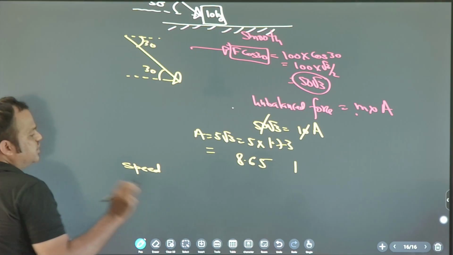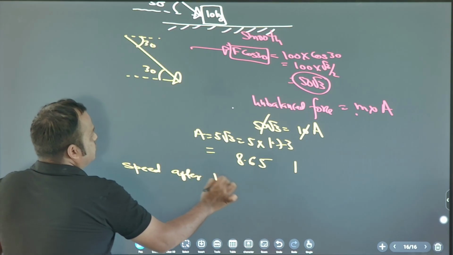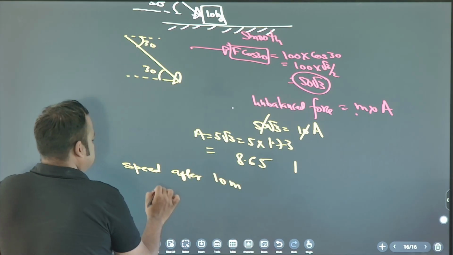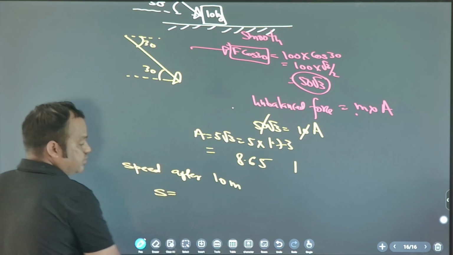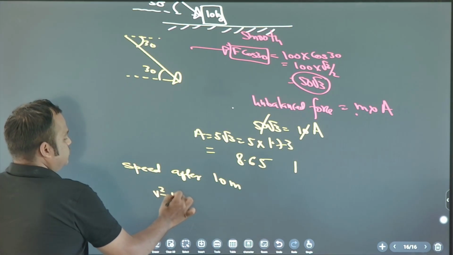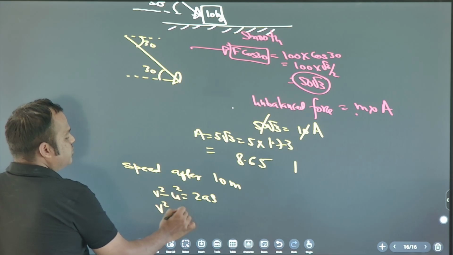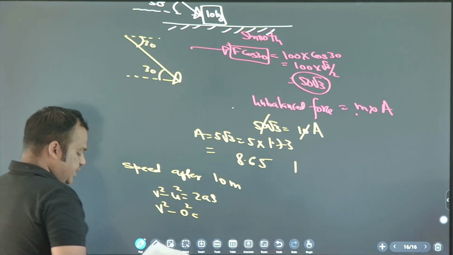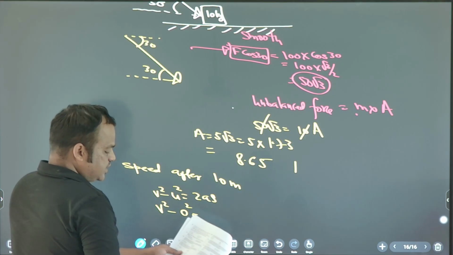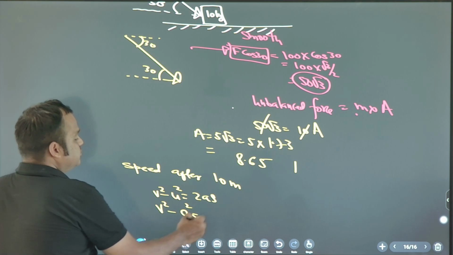Use v square minus u square is equal to 2as. V square minus u square is 2as. U is 0, initially at rest. In the second line it is written, 10 kg resting initially.